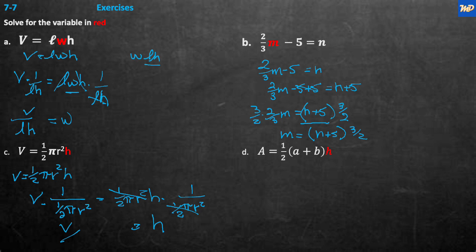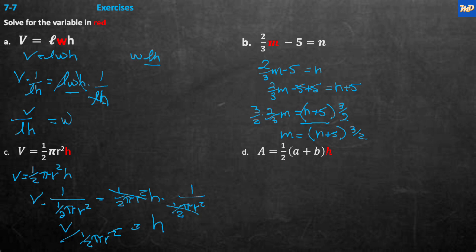I'm going to be moving this, by the way, 1/2 pi r squared, not h. Sorry. I'm going to rewrite it up here to make it clear. The half should probably be moved out from here and put in the denominator.